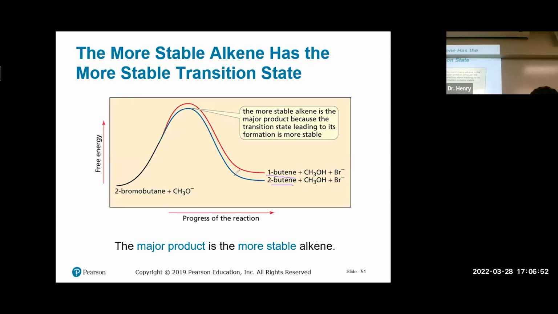We're going to favor that one more, and as a result, we're going to get more of this product. You'll get both products, but you're favoring the 2-butene.